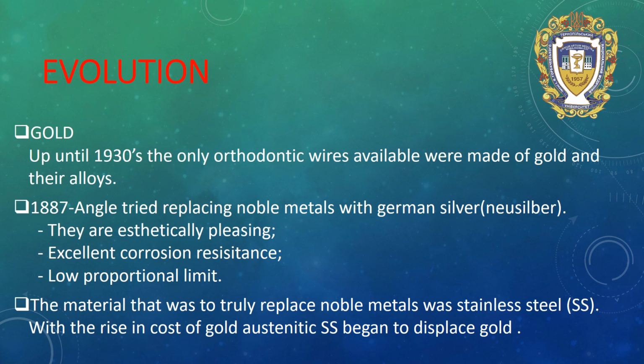Let's begin from gold. Up until the 1930s, the only orthodontic wires available were made of gold and its alloys. In 1887, Angle tried replacing noble metals with German silver, called new silver.